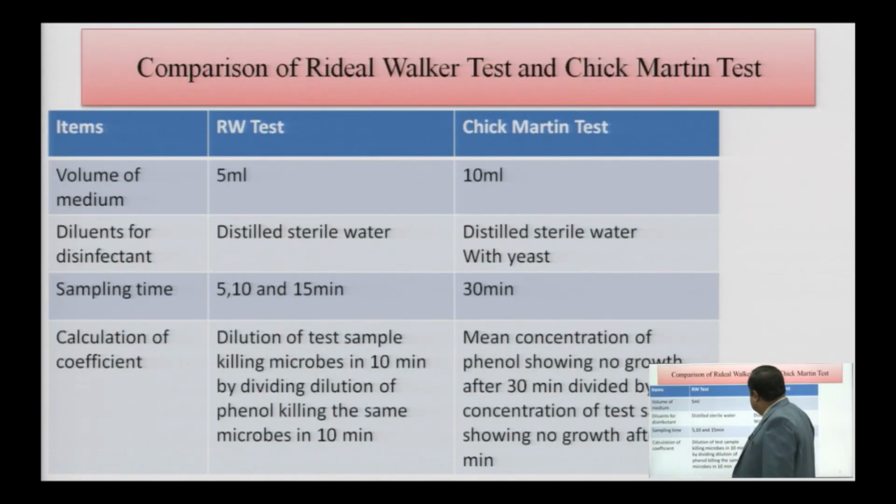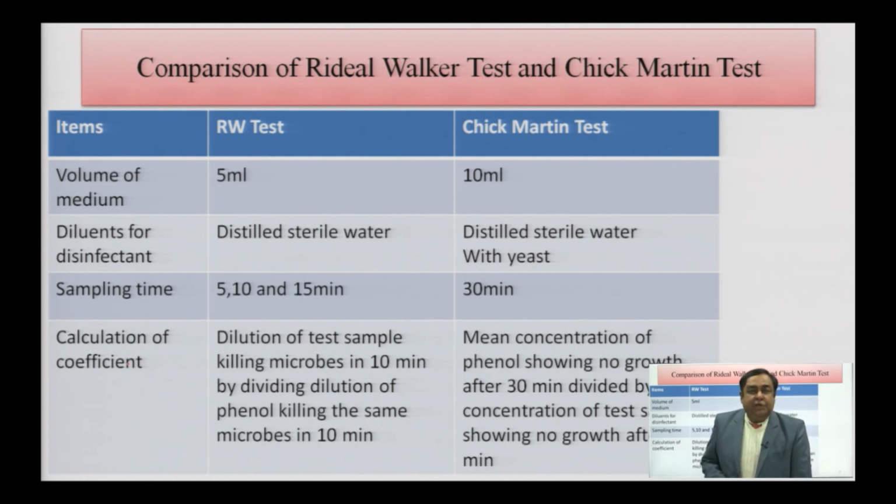Apart from this, let me give you an idea about a broad comparison of the Riedel-Walker test and the Chick-Martin test which we are doing. In the Riedel-Walker test, the volume of the disinfectant was kept at 5 ml. But here in the Chick-Martin test, we keep the volume at 10 ml.